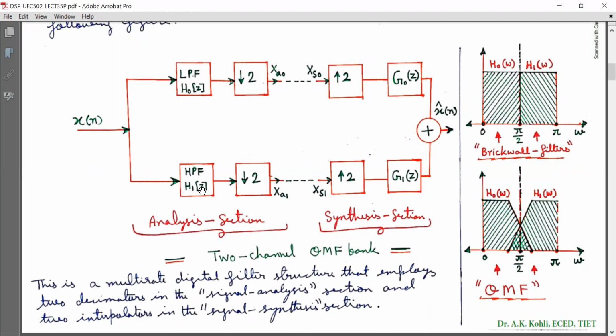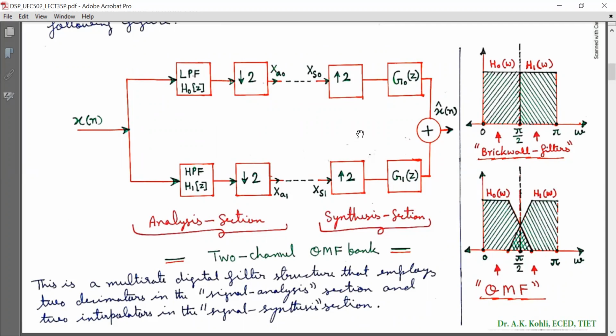In the parallel branch, x[n] is fed to a high pass filter with system function H1(z), which is also downsampled by a factor of 2, and the output is XA1. This section is called the analysis section. Here the low pass filter acts as a pre-filtering configuration, that is, an anti-aliasing filter.